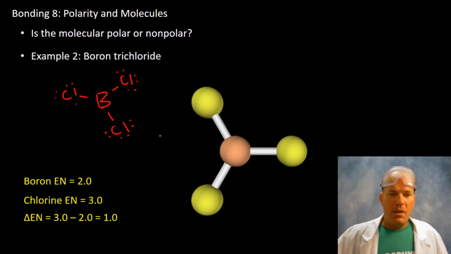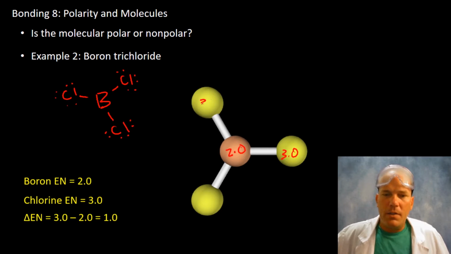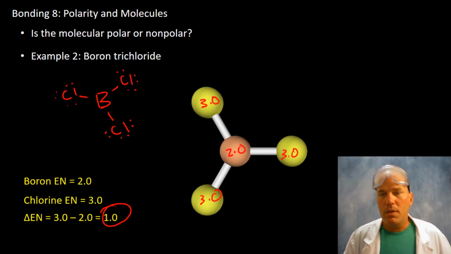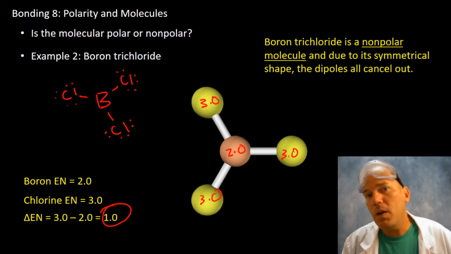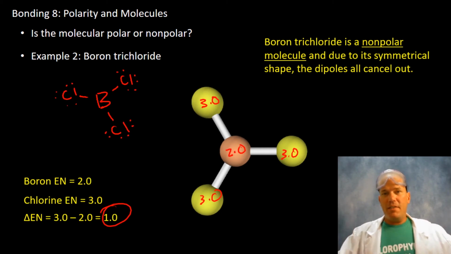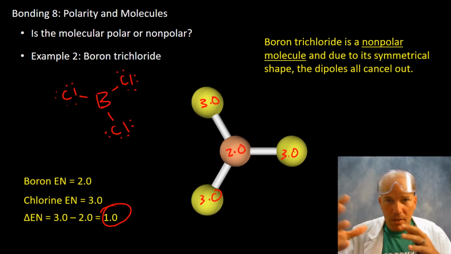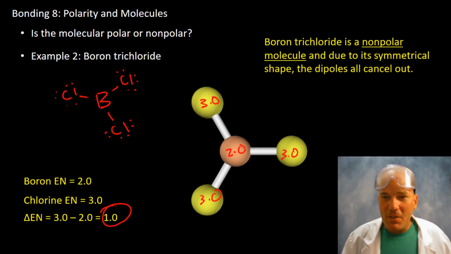If we look at our electronegativities, we have 3.0 on these outer peripheral species here. And you might be saying, hey, wait a minute, that's polar. Yes, the bonds are polar, but the molecule is nonpolar, because if you think of our tug-of-war analogy, all of the outer species have the same relative strength or ability to attract bonded electrons to their nuclei, so they cancel out.